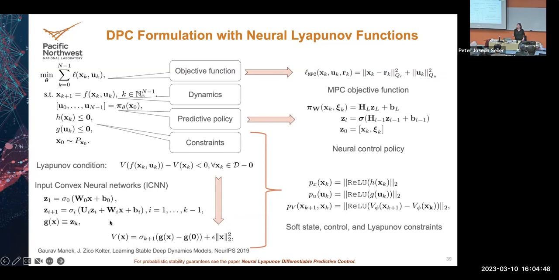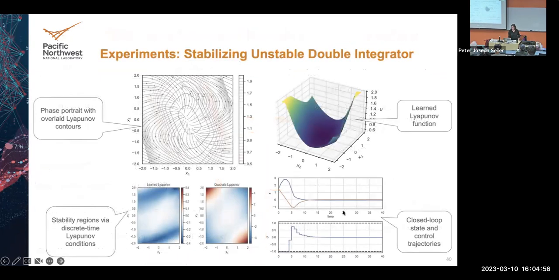So we take this and introduce it here as another constraint in our learning process. And it works and it provides guarantees in the sense that as long as we sample enough, we get enough confidence that this Lyapunov function is telling us that the system is stable in that particular region.